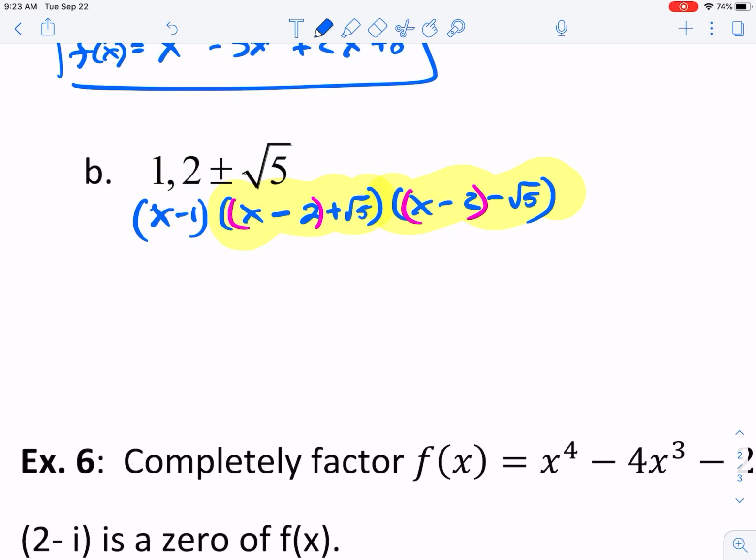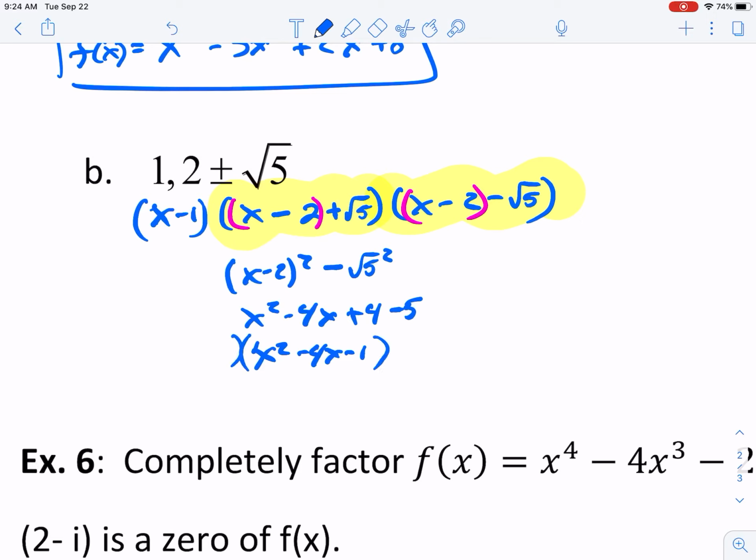So when I work it, you get x minus 2 squared minus the square root of 5 squared. This is x squared minus 4x plus 4. This square root of 5 squared is 5, so that's minus 5. So now this is x squared minus 4x minus 1.